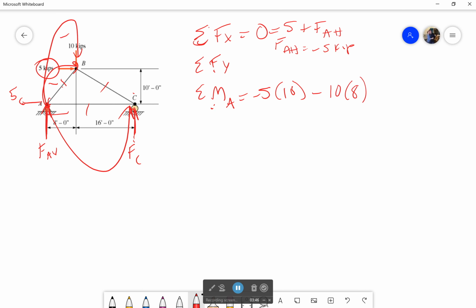And then I have 24 times force C. That's all going to be equal to 0.